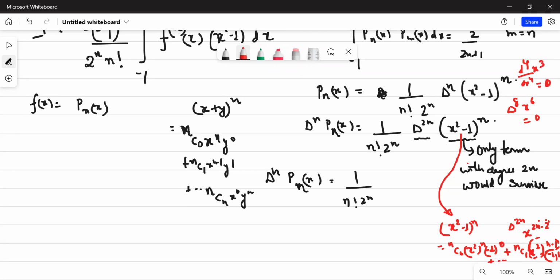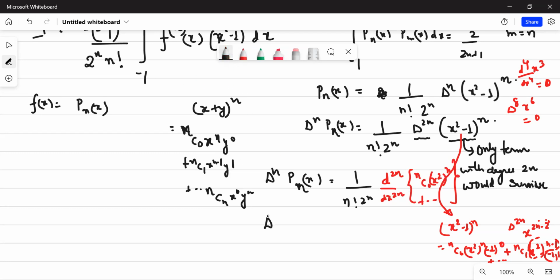Similarly, understand that (x square minus 1) to the power n has d^2n applied on it. So what does it imply? Which term, on being differentiated with respect to x 2n times, would survive? The only surviving term that you can expect is this: the first term, which will be nC0 x square to the power n, and minus 1 to the power 0 is 1. All the other terms will go to 0. Forget about it. Is that clear?